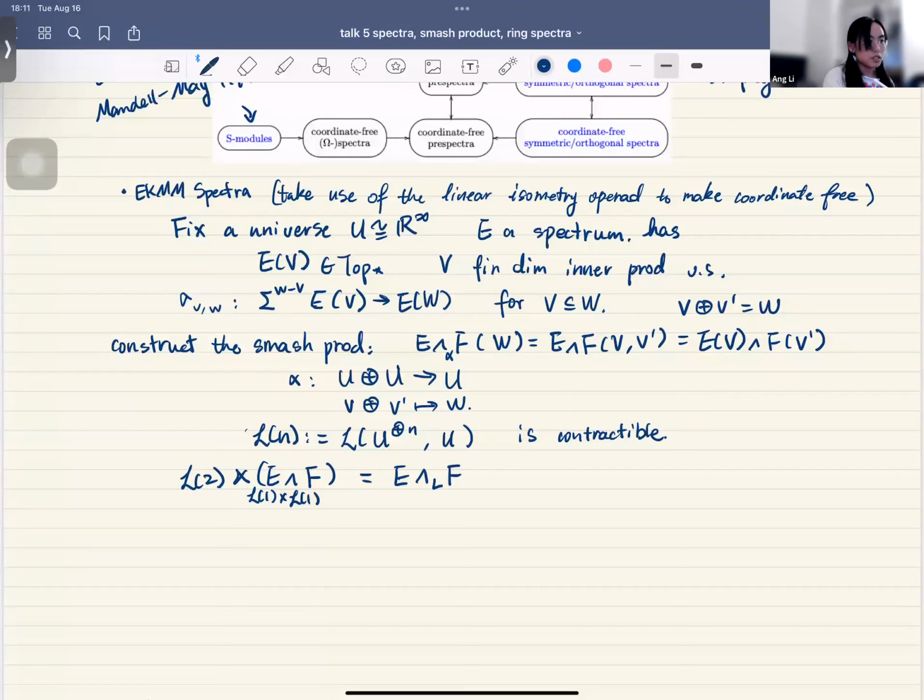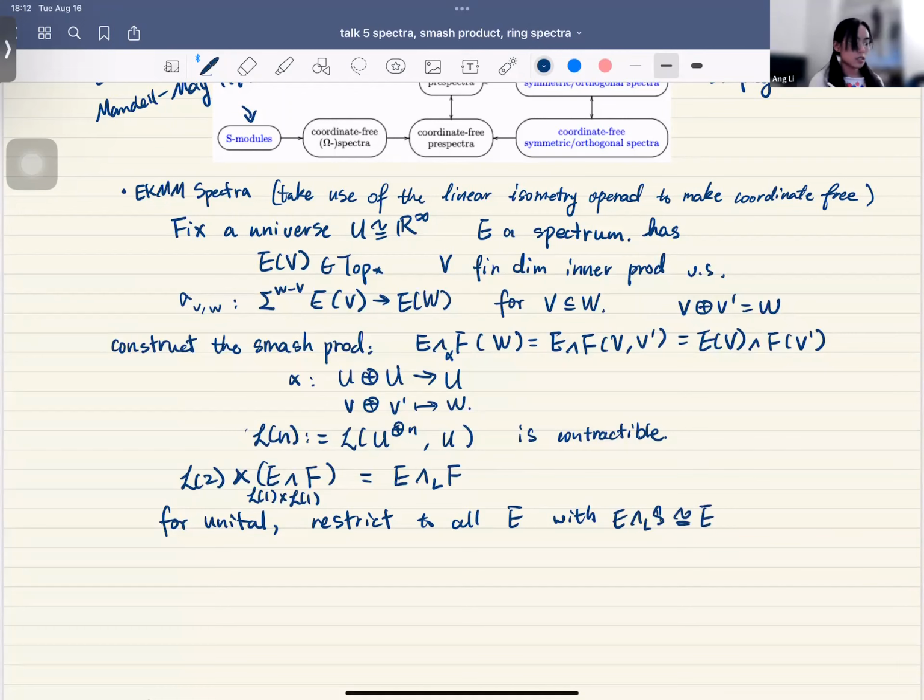For unitality, you also need to restrict to all the spectra such that smashing with a sphere is isomorphic to itself.